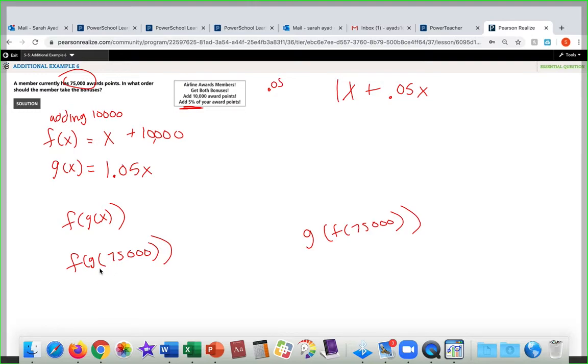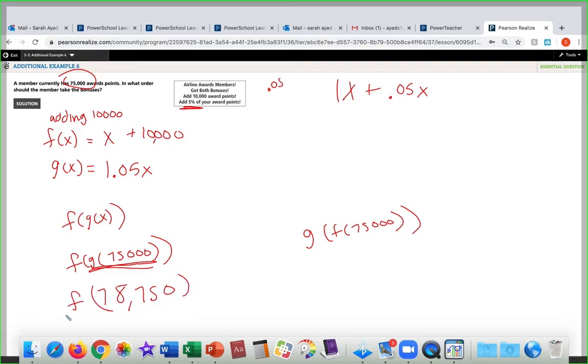So g of 75,000, if I do that first, that is going to add that 5% first, right? So let's figure out what 1.05 times 75,000 is. That is 78,750.